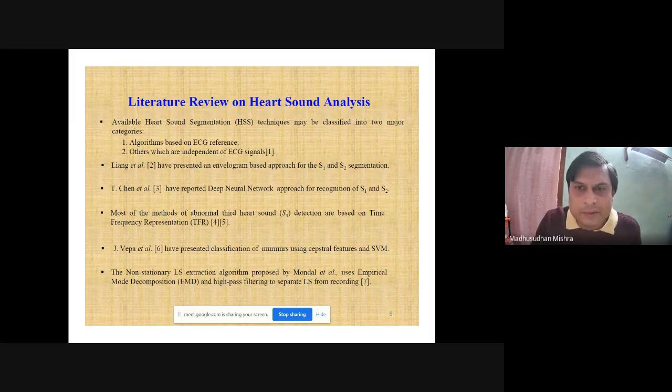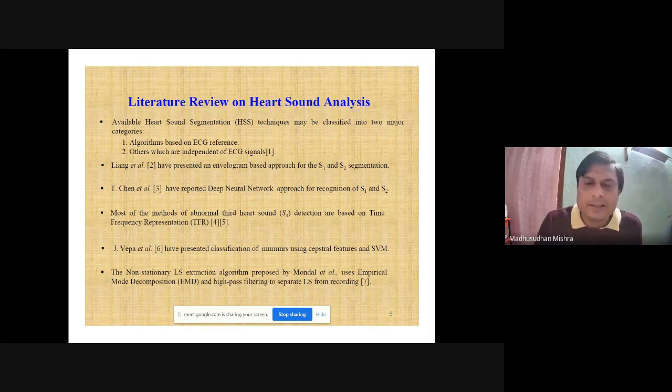So whenever we go for segmentation of S1 and S2, either we use techniques which segment S1 and S2 from the phonocardiogram signal based on the electrocardiogram signal, or techniques which are independent of the ECG signal.